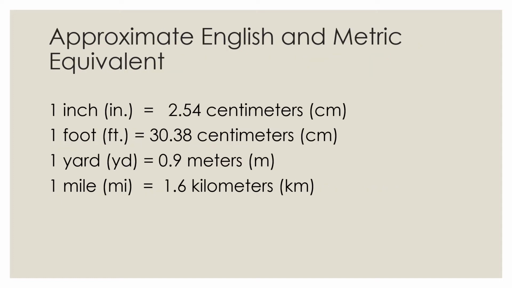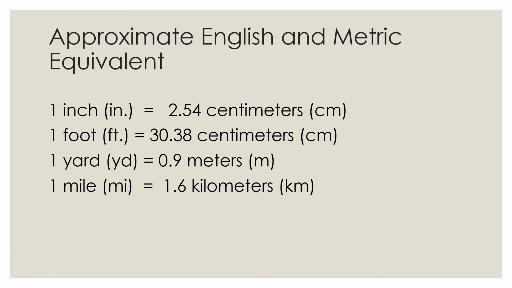Okay. Now we have the approximate English and metric equivalents. Most of the time we convert, especially if you are used to using inches or centimeters, like: miss, give me 36 inches of cloth. So how much is that in centimeters? So yan yung ginagamit natin.